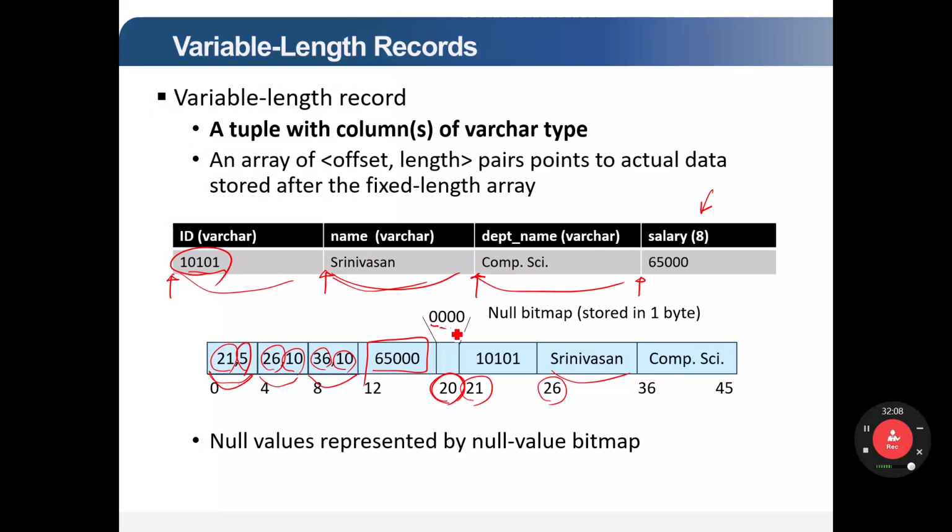So these 4 bits, 0, 0, 0, 0, indicate that none of these attributes are null. If you store a null value in the department name column, then you will not need this third metadata. Instead, you will set the third bit of this bitmap to 1 to indicate that the third attribute has a null value.